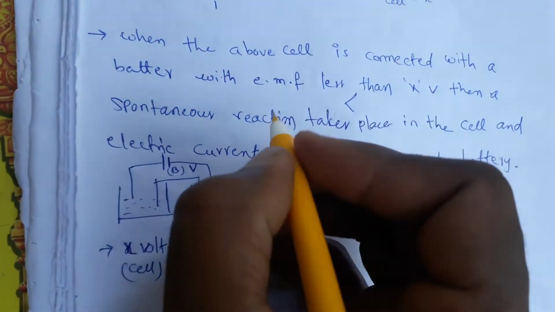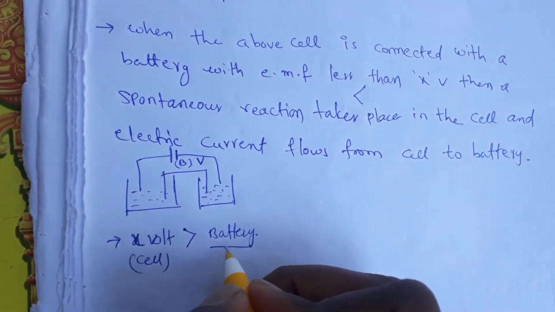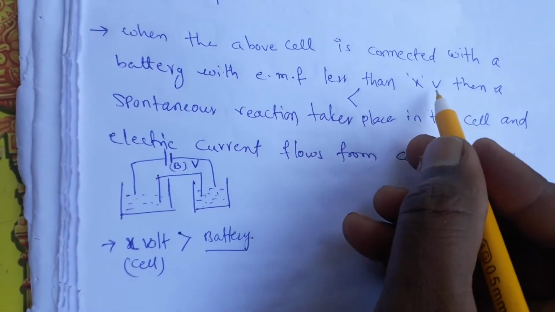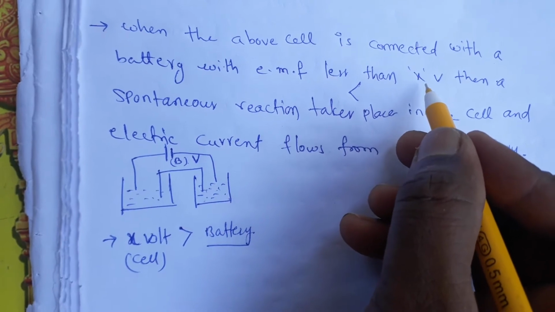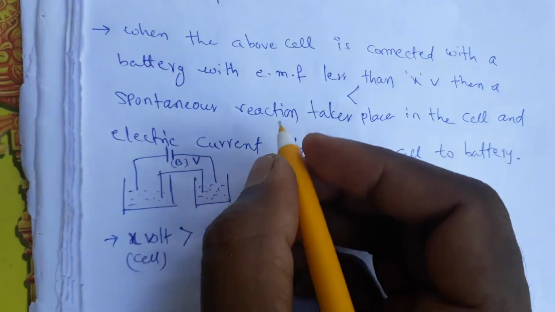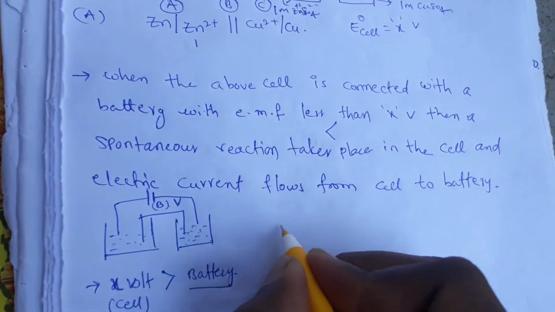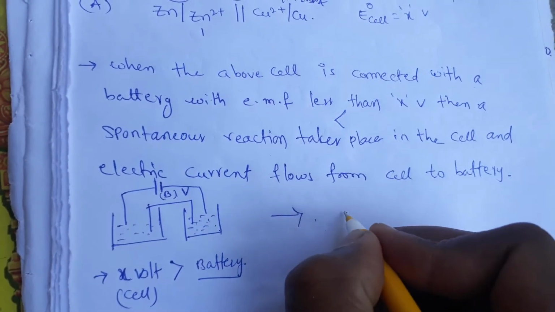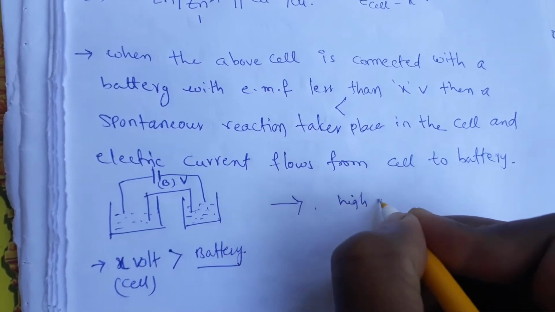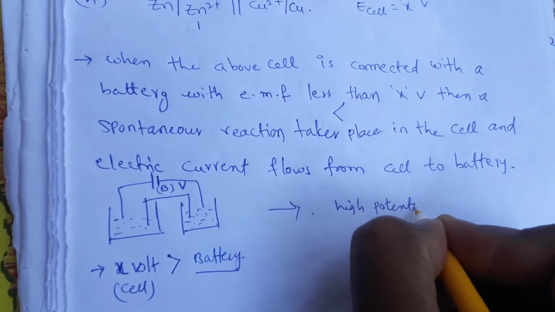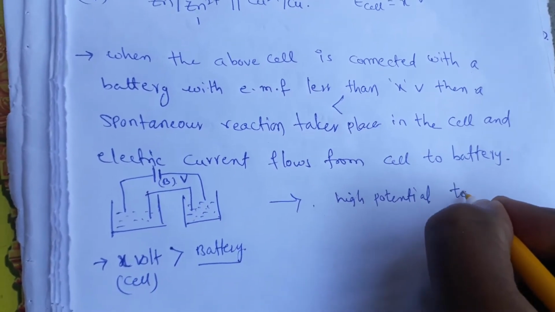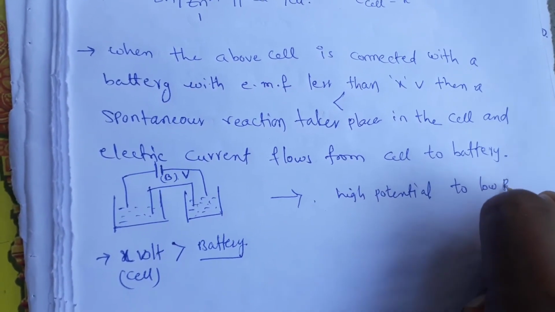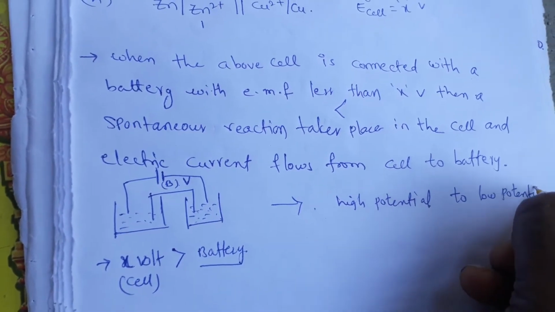That means the battery's potential is less than x volt. Higher potential of the cell and lower potential of the battery. So current flows from high potential to low potential. That is spontaneous.